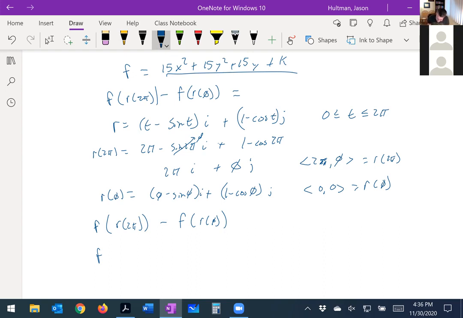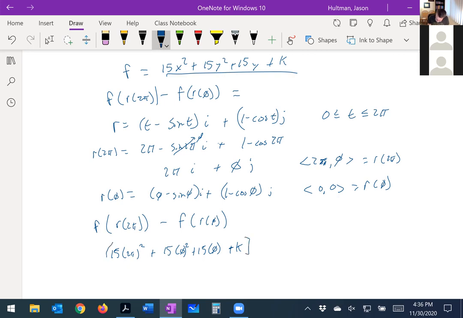Okay, so now when I plug this in, it becomes f of 15 times 2 pi squared plus 15 times 0 squared plus 15 times 0, right, plus k. So that's what this is. 15 of that, right? That's the first thing.